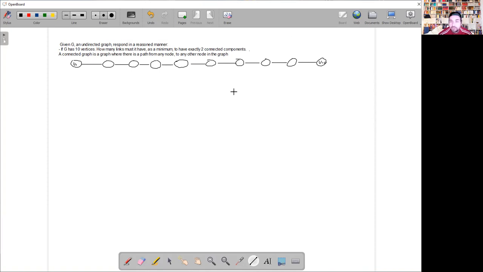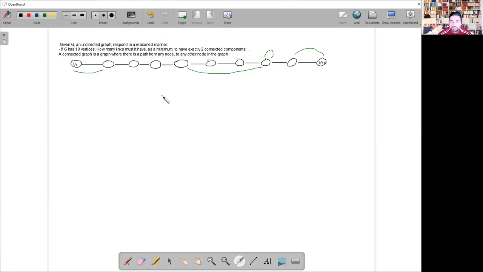But they are asking to have exactly, well, I could have any other link here, right? I could have more links. I could have a link here, another one here, here. But it doesn't matter, right? The minimum number of links that I need for this graph to be connected is one less than the number of nodes, right?